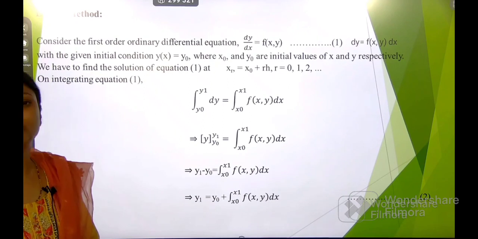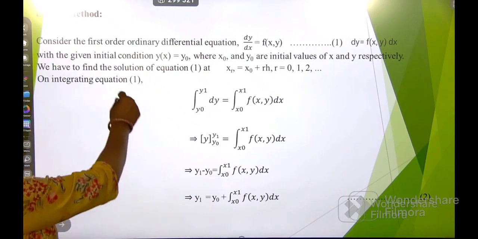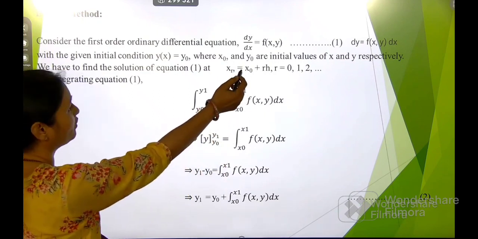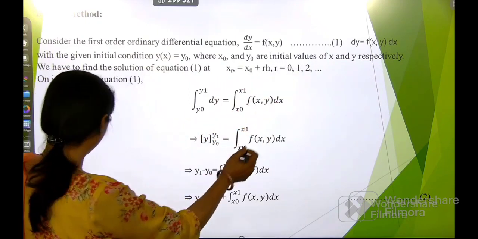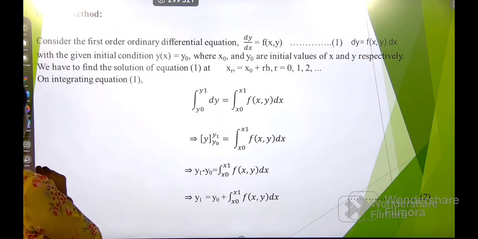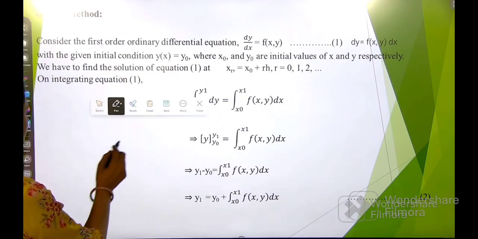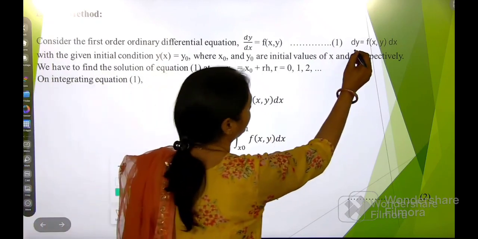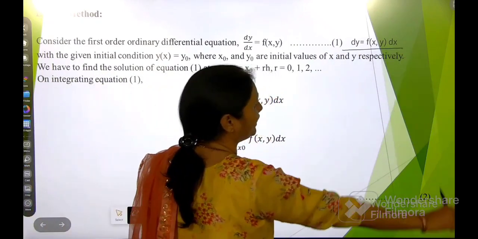So let us start with Euler's method. Now consider the first order ordinary differential equation dy by dx is equal to f of x comma y. Suppose this is equation 1, and this equation can also be written as dy is equal to f of x comma y into dx.